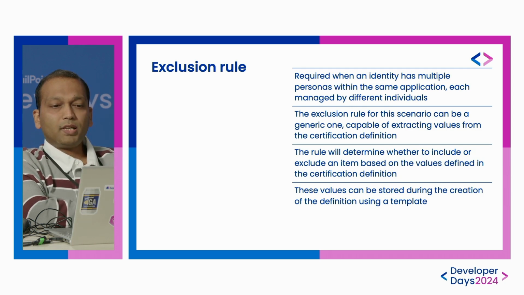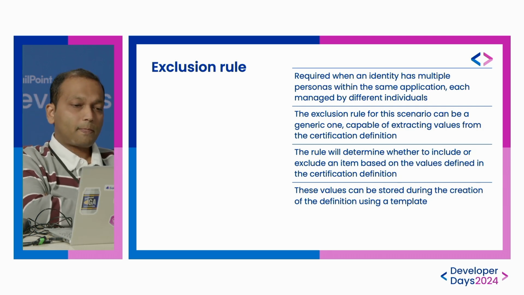Now in my certification, if I want to include only the personas from location 1, and I don't want to include the personas from location 2, then I can use this exclusion rule and set the criteria in the exclusion rule that do not include the personas from location 2.